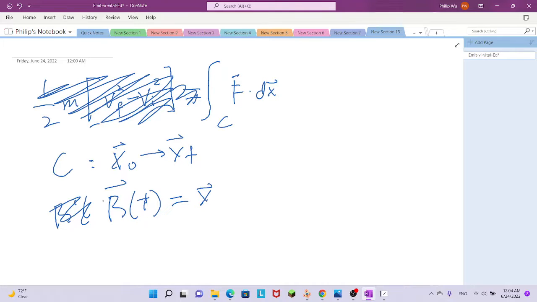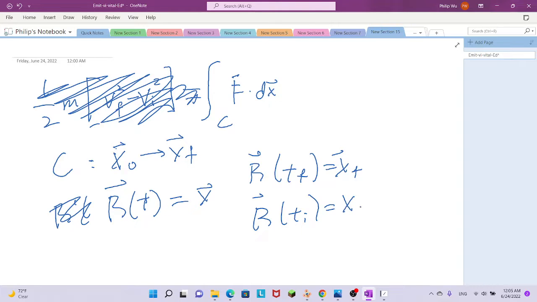And r is a function of t, and we define ti and tf so that r of tf is equal to xf and r of ti is equal to x0.